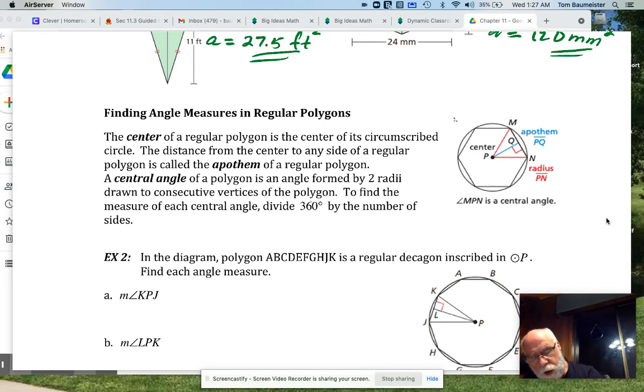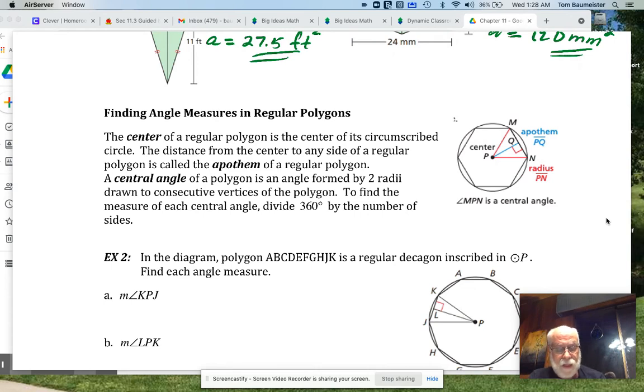So circumscribed means that it's on the outside. All right. So the circle is outside, and the polygon is actually called inscribed because it's inside the circle. All right. So the center of a regular polygon is the center of its inscribed circle.